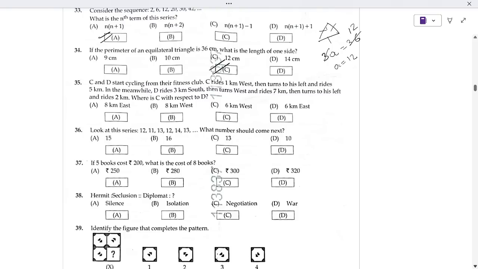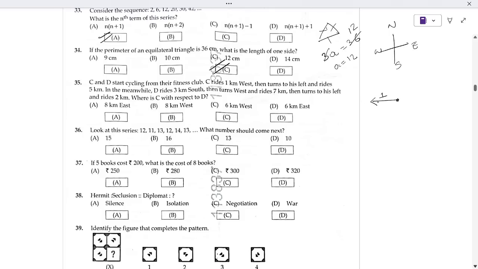Next one, the direction question. C and D start cycling from their fitness club. C rides 1 kilometer west. This is north, this is south, east, west. So C goes 1 kilometer west, then turns to his left.